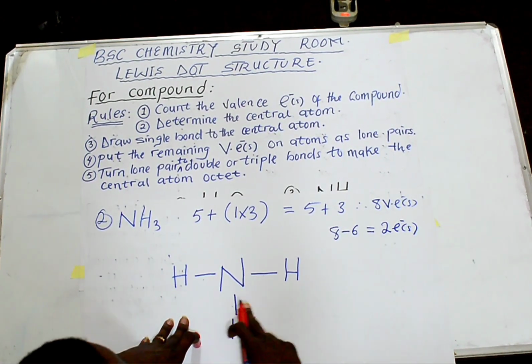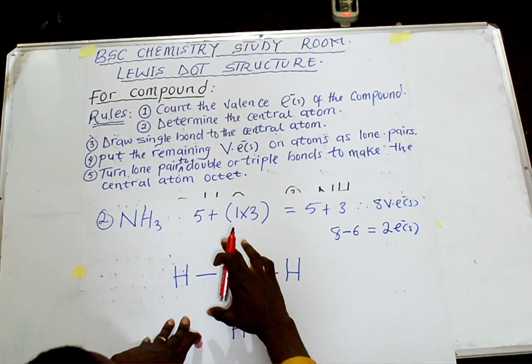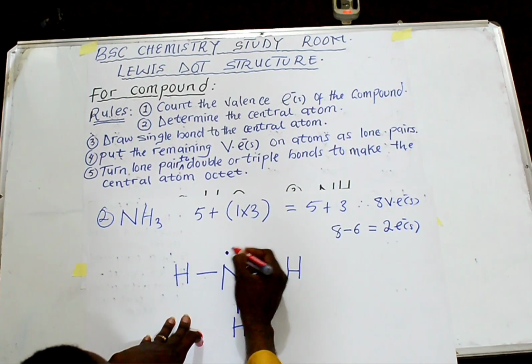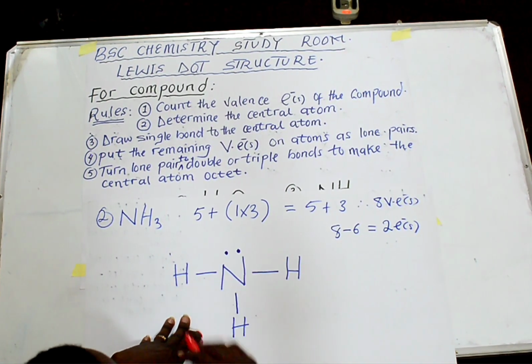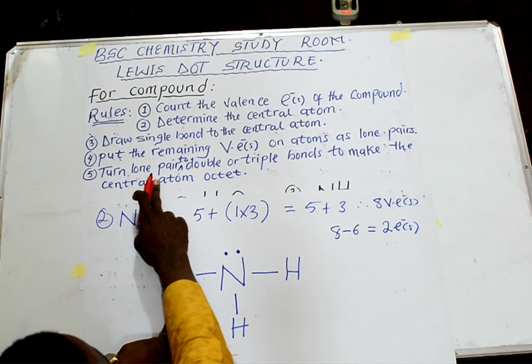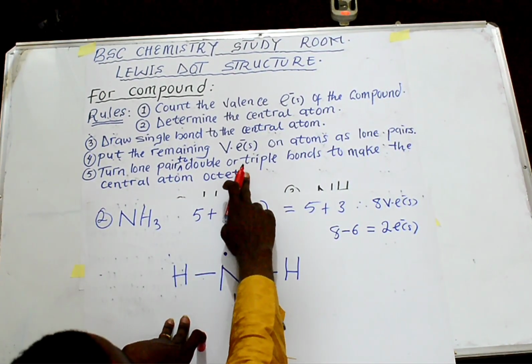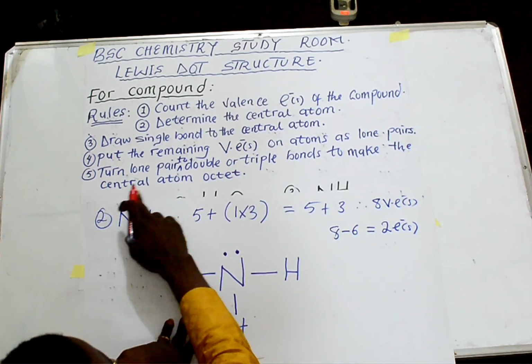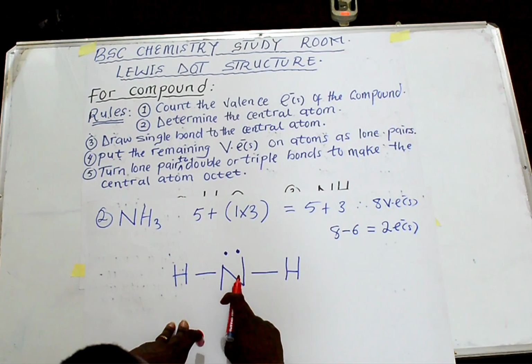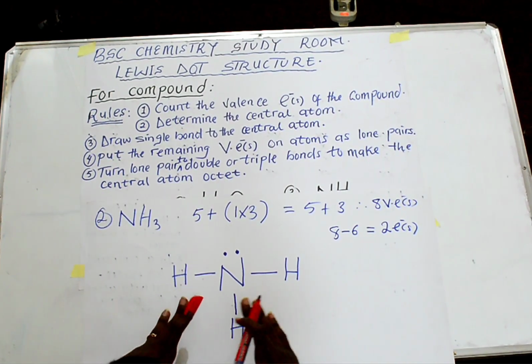Now we distribute the 2 valence electrons on nitrogen, not hydrogen. 1, 2. So let's go for rule number 5. It says turn lone pairs into double or triple bonds to make the central atom octet. Before turning this lone pair, let's see whether nitrogen is octet or not.